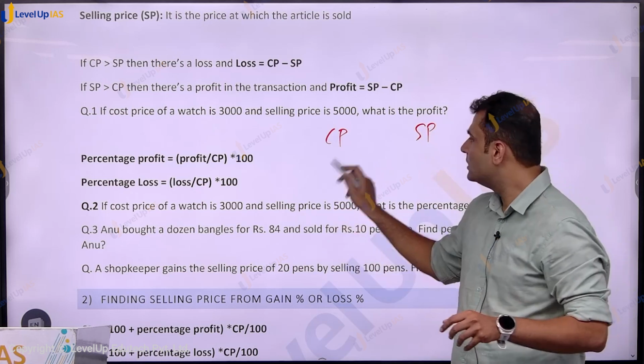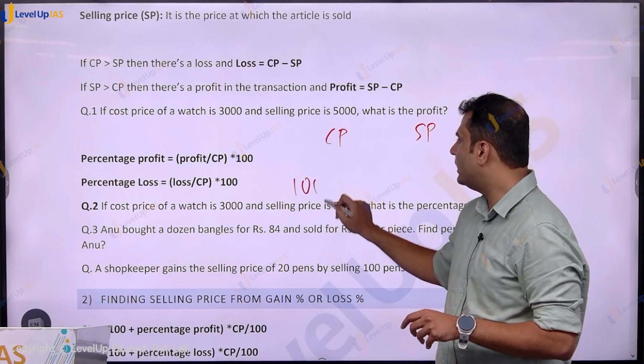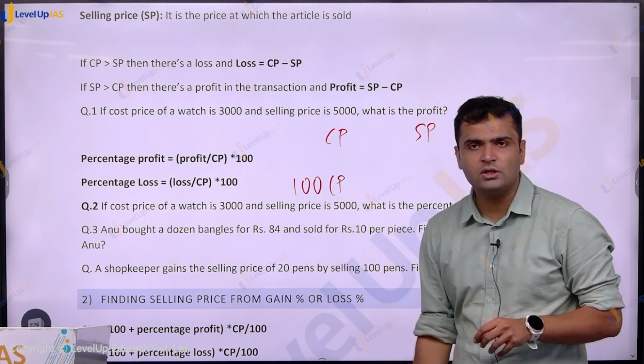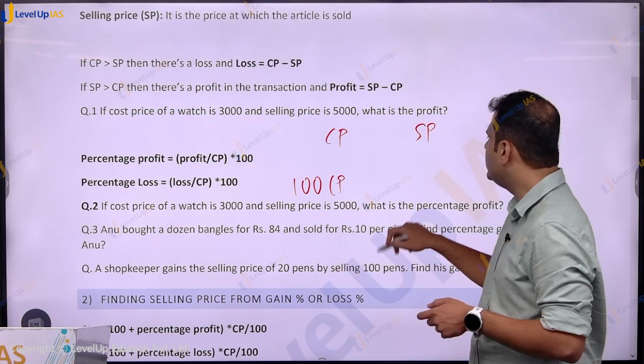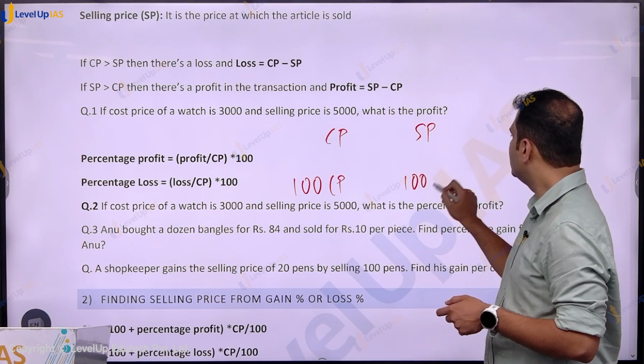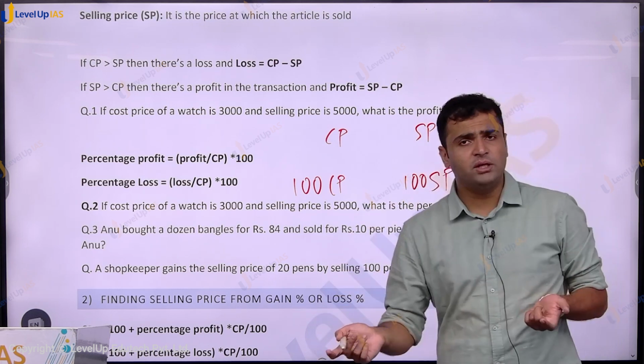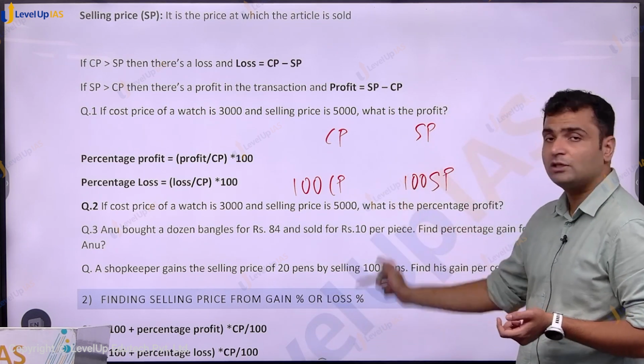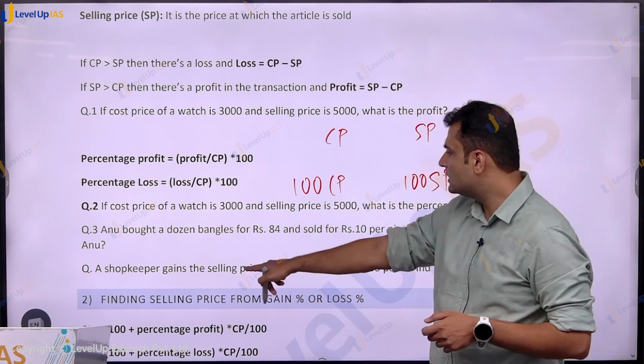He has sold 100 pens. So his total cost is 100 times the cost of 1 pen, and his selling price is 100 times the selling price of 1 pen. And in this calculation, he is gaining the selling price of 20 pens.